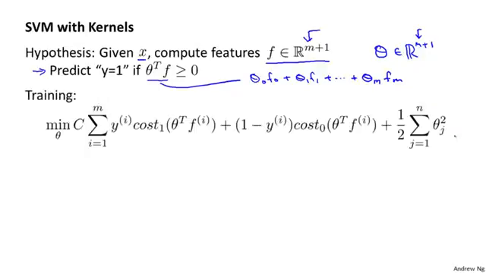How do you get the parameters theta? Well, you do that using the SVM learning algorithm. Specifically, you would solve this minimization problem.